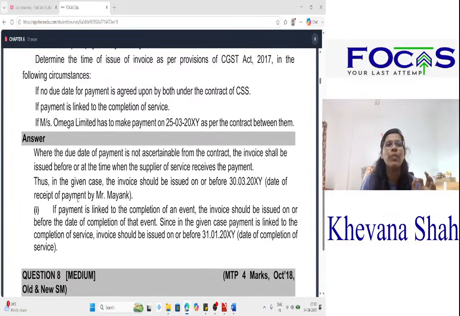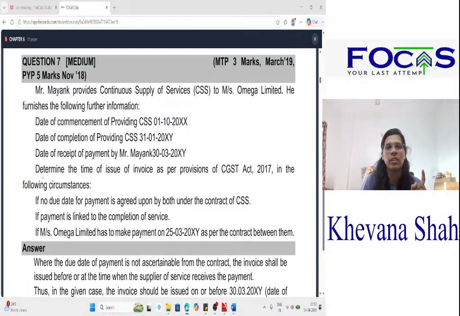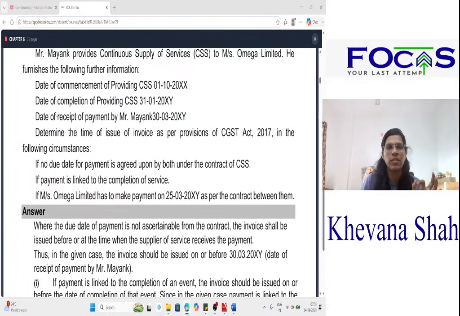Now in case the payment is linked to the completion of an event, the invoice should be issued on or before the date of completion of that event. Okay, that answers your second point. And third one is, so see here, since in the given case payment is linked to the completion of service, invoice should be issued on or before 31st of January, when the service is getting completed.